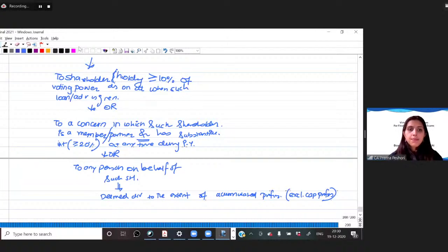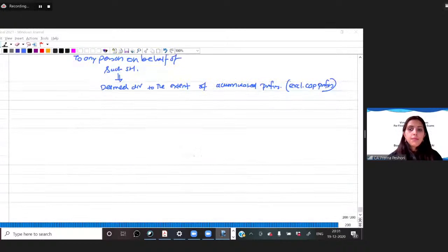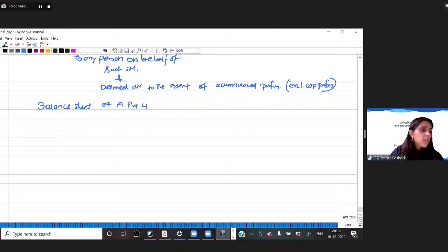Just write it down. Balance sheet of A Private Limited. Liabilities: equity share capital 2 lakh, reserves and surplus 6.5 lakh. Assets: cash 8.25 lakh, P&L 25,000.